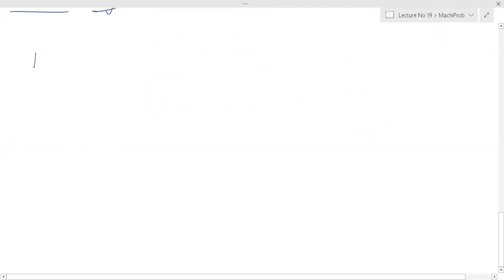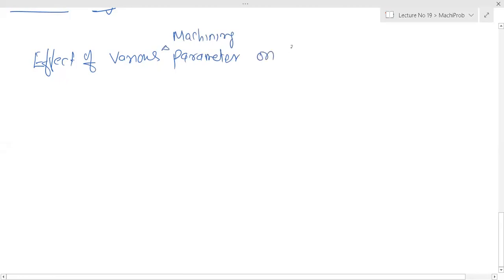Now we'll discuss the effect of various machining parameters on surface finish.